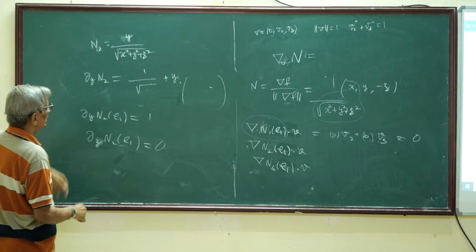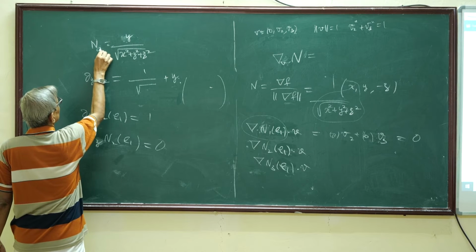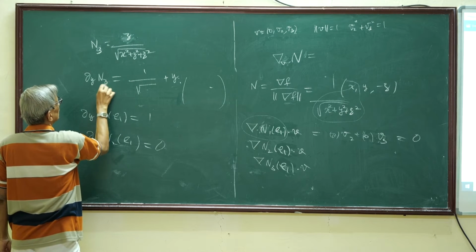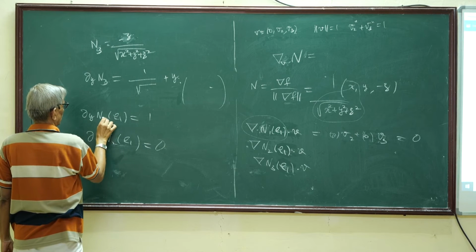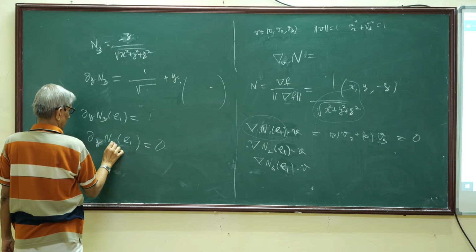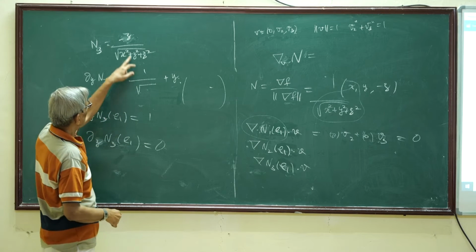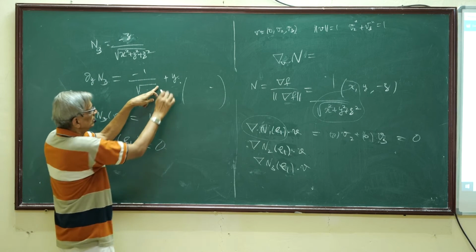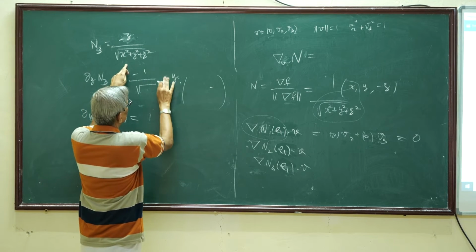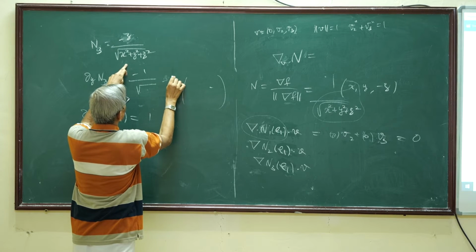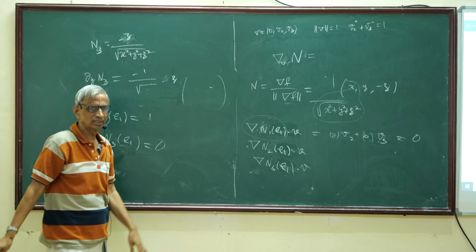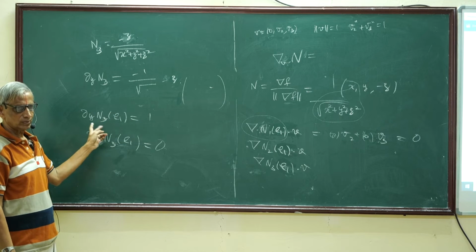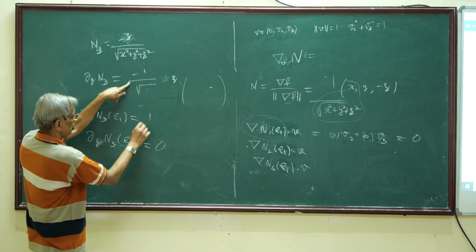So what about n3? Minus z. So there will be a minus sign here, right? So again, when you evaluate at (1, 0, 0), this will be minus 1.